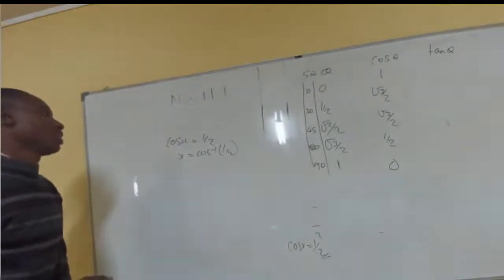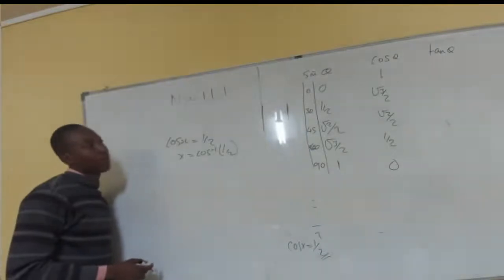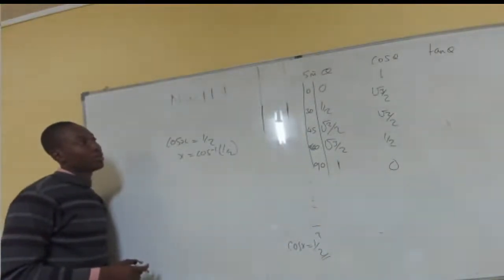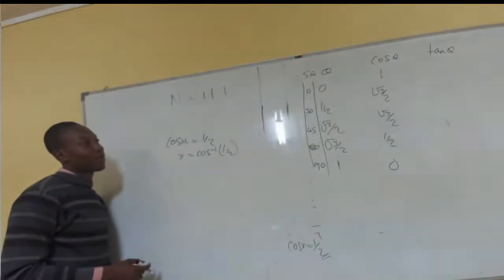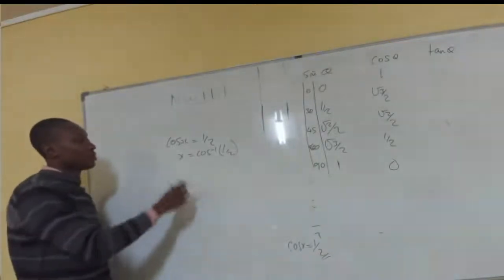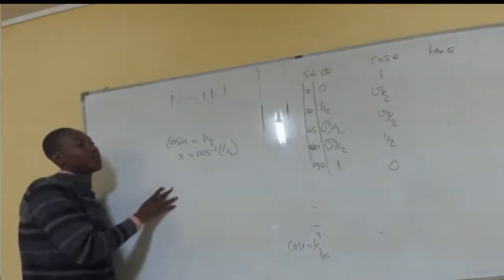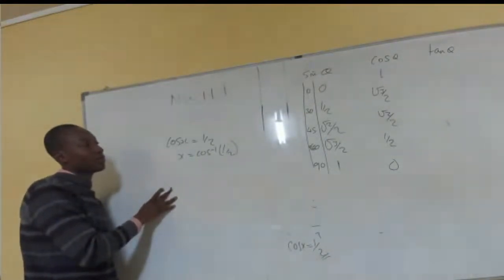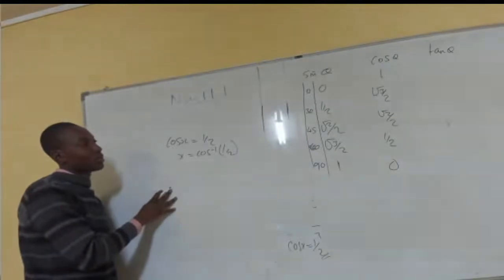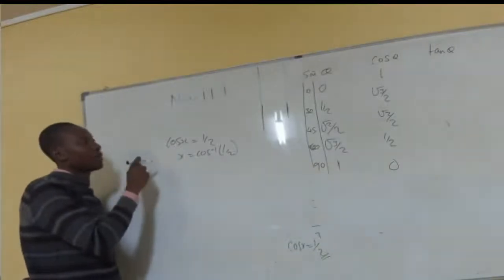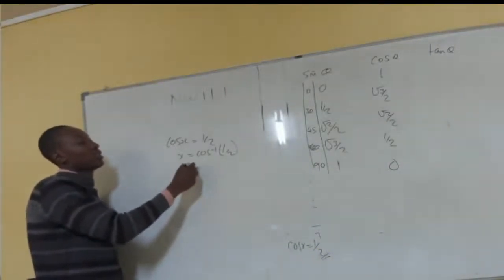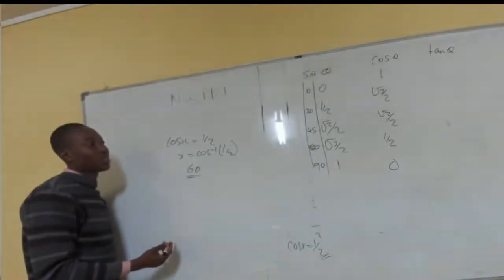So basically, if what we have here is half, which is 60 degrees, the question is in which quadrants is cos positive.